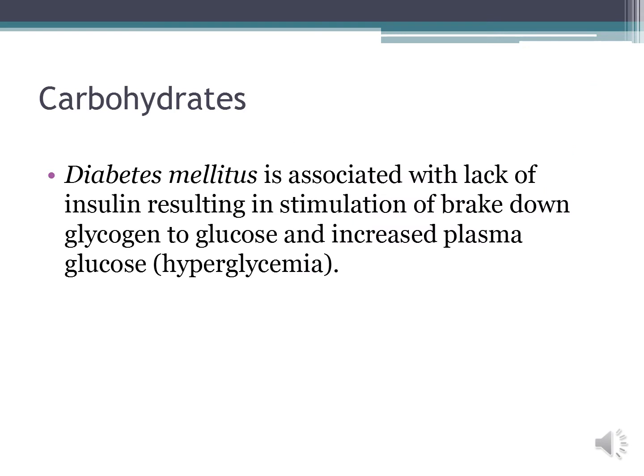Now we go to carbohydrates. The example is a disease known as diabetes mellitus. This pathology is associated with lack of insulin, resulting in stimulation of breakdown of glycogen to glucose and increased plasma glucose. We call this hyperglycemia.